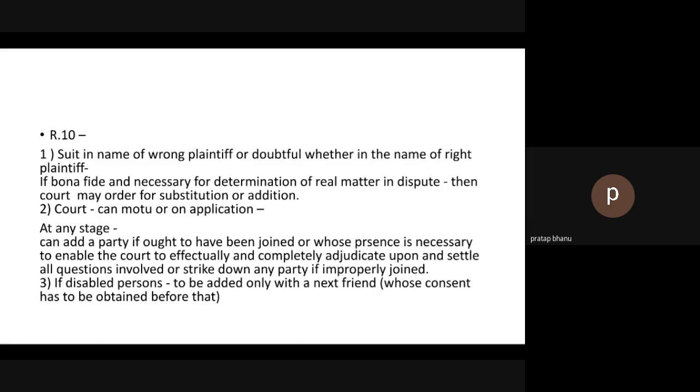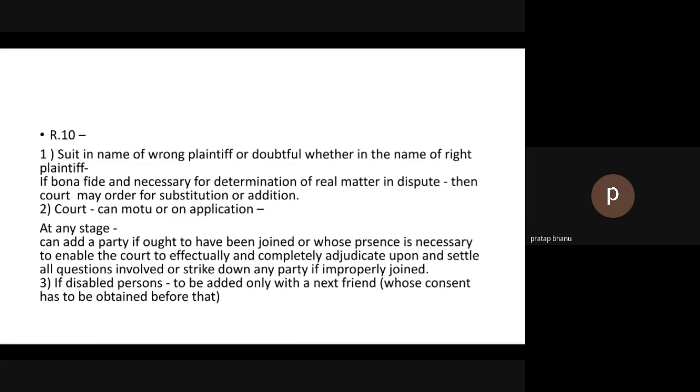But if the necessary party is not added, either the court can allow an amendment under Order 6, Rule 17. It can also add a party under Rule 10 of Order 1, and the course of dismissing the suit is also open.